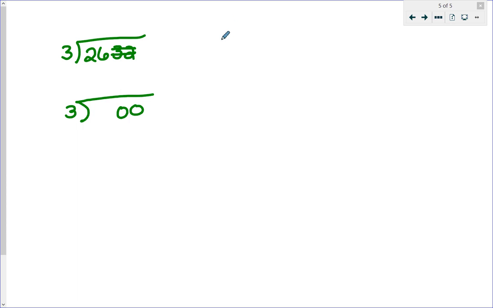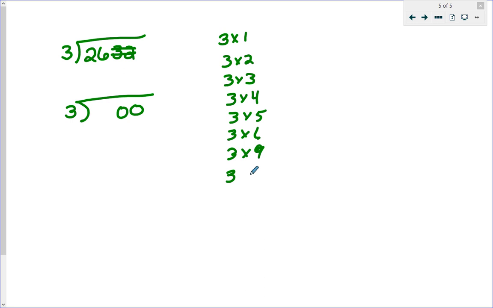Now I'm going to look at my basic facts of 3. 3 times 1, 3 times 2, 3 times 3, 3 times 4, 3 times 5, 3 times 6, and we go all the way up to 9. Okay, that's as far as we go. 3 times 9.